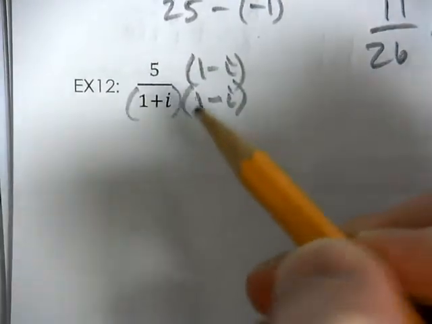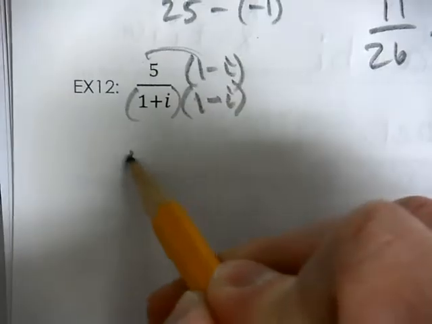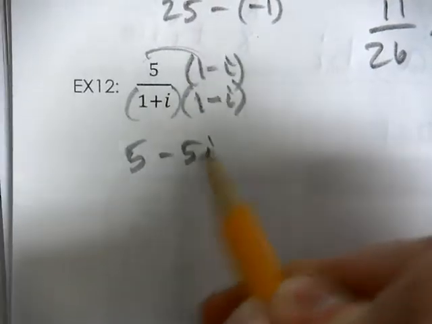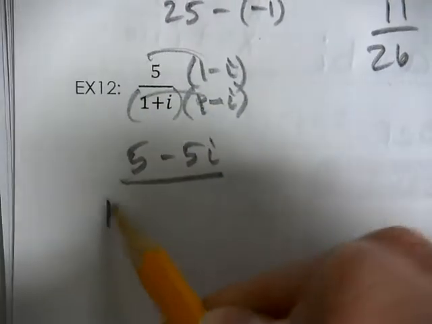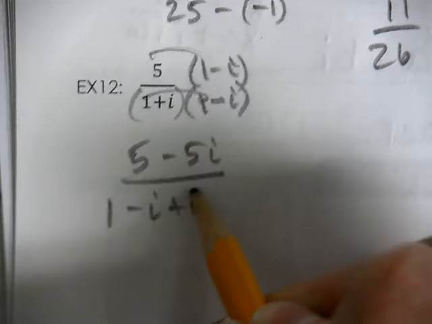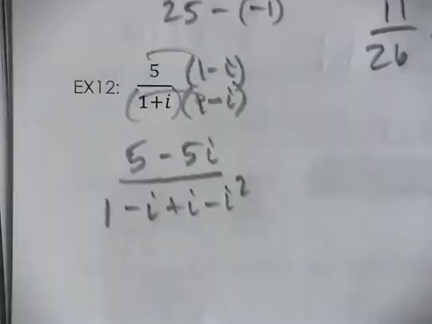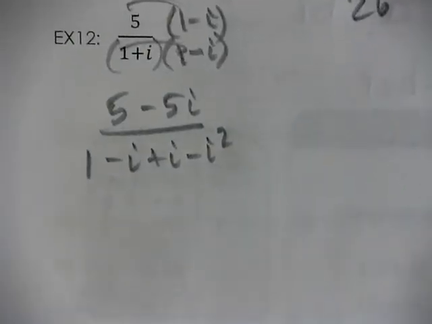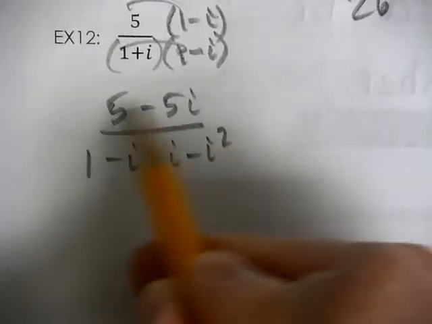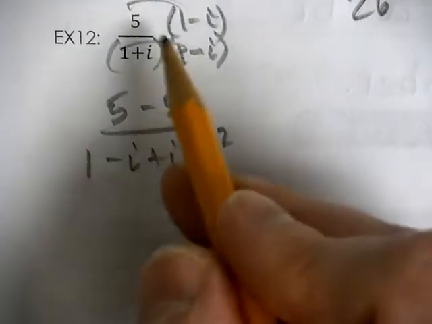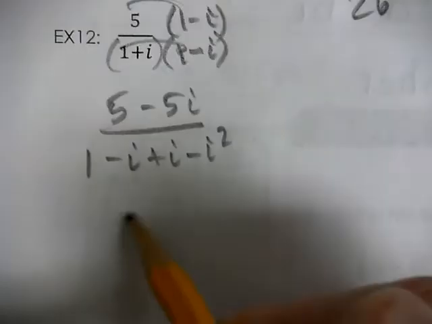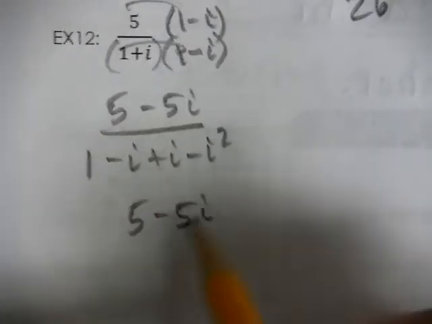We're going to multiply by the conjugate, distribute through, FOIL this bottom one, that's going to leave us nothing to simplify across the top because there were no i squareds. So we get 5 minus 5i.